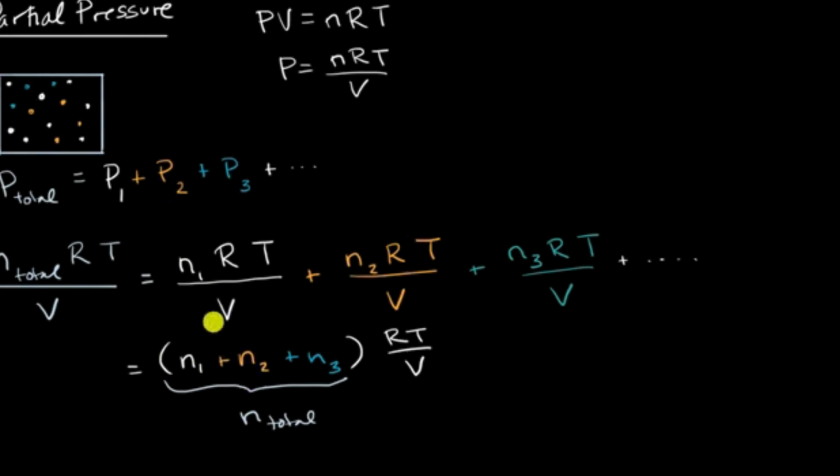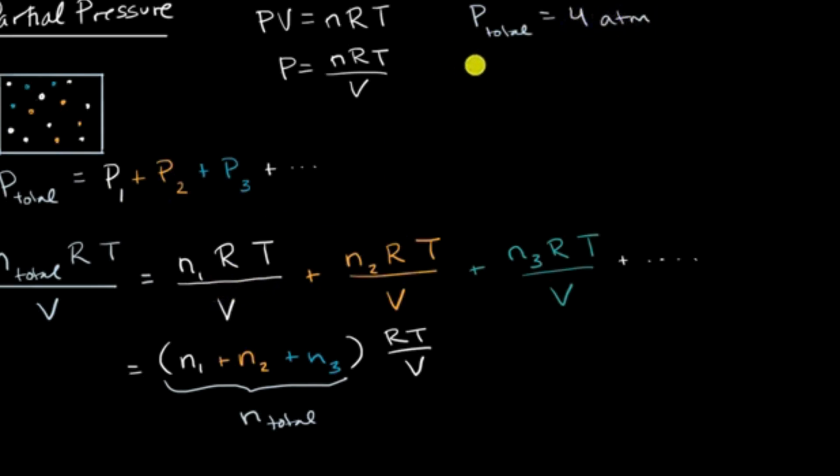And we can use these mathematical ideas to answer other questions or to come up with other ways of thinking about it. For example, let's say that we knew that the total pressure in our container due to all of the gases is 4 atmospheres.